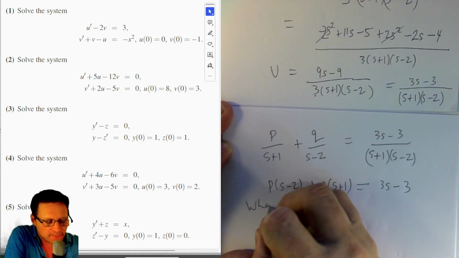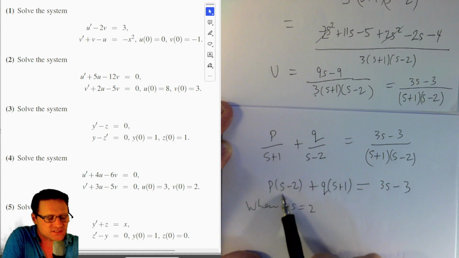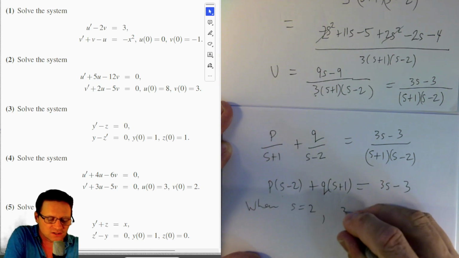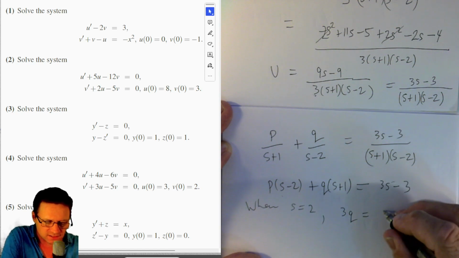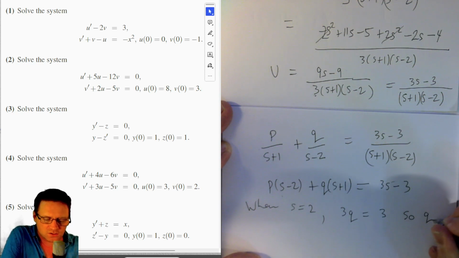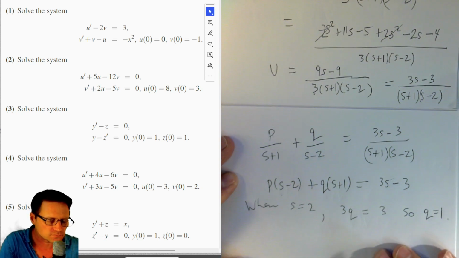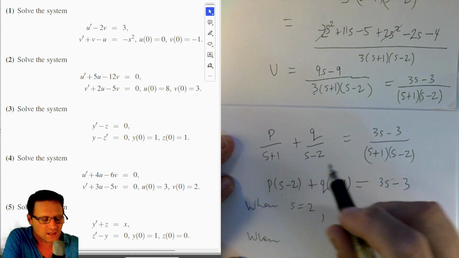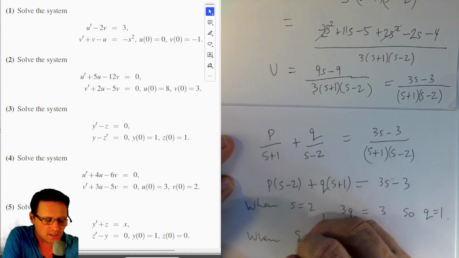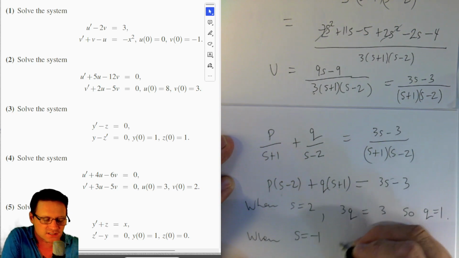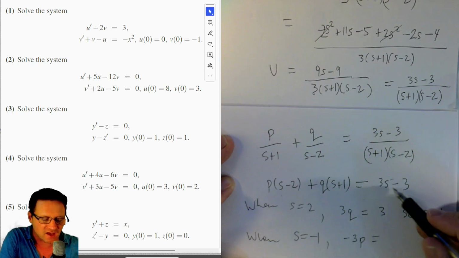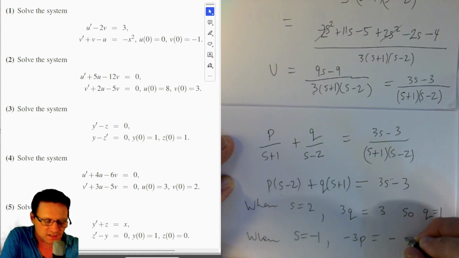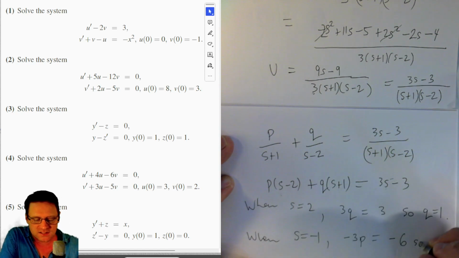Now, when S is equal to 2, this term vanishes, and over here we have 3Q, and over here we have 3 times 2 is 6, minus 3 is 3. So Q is equal to 1. Now when S is equal to minus 1, this term vanishes, and over here we have minus 3P. Over here we have minus 3 is minus 6. And so from that we get P is equal to 2.